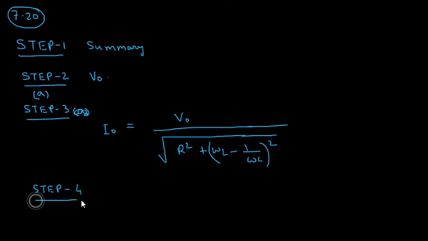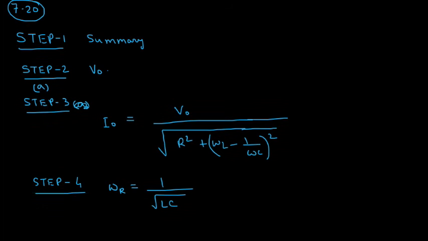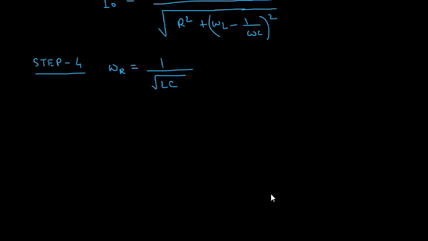Step 4 is important to find omega r, which is 1 by under root LC. And step 5 is the resonant frequency.